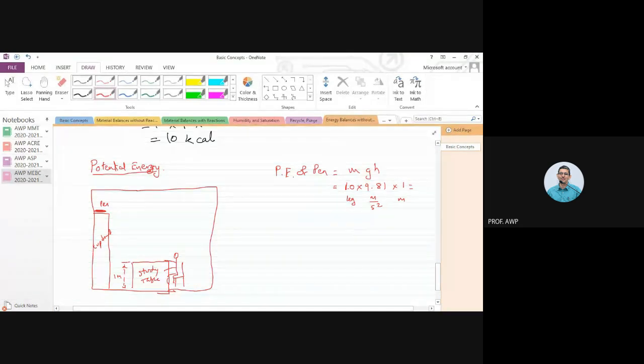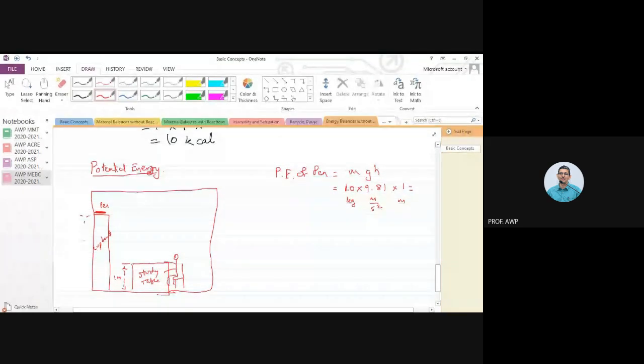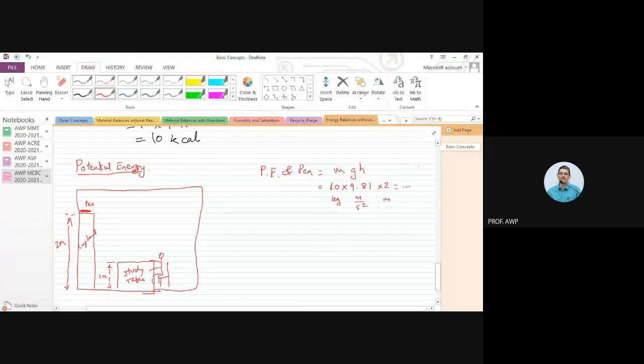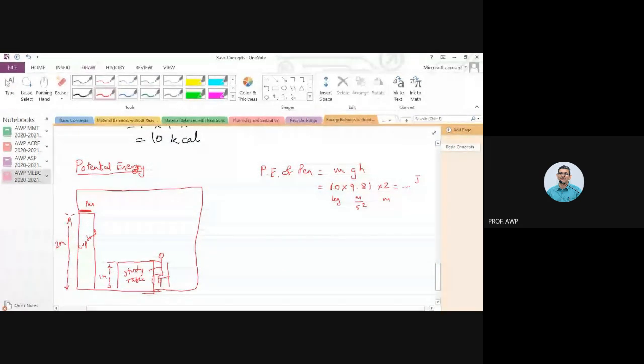Same, right? 1 into 9.81 into the height of the cupboard, isn't it? So suppose the height of the cupboard is 2 meters. So now it is 1 into 9.81 into 2. So whatever that is, 19.62 or whatever that number is. Right? So many joules. Do you agree? Yes or no? Yes, sir.